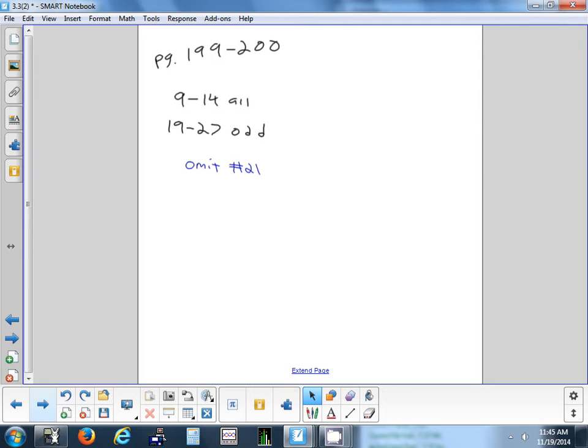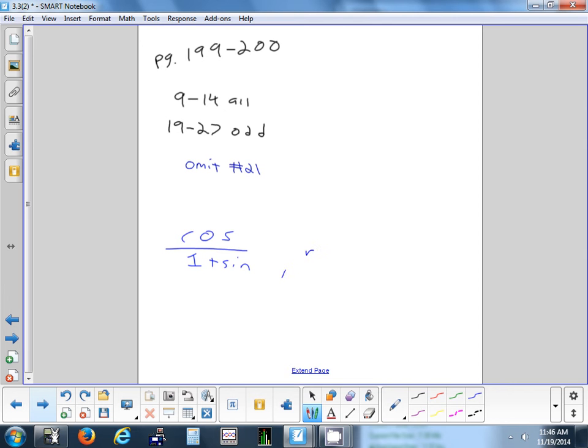All right, so tonight's homework will be in the book. On page 199 going on to 200, 9 to 14 all, and 19 to 27 odd. Some of the problems in the book give you something like this, and then they just give you a direction and say, do this.